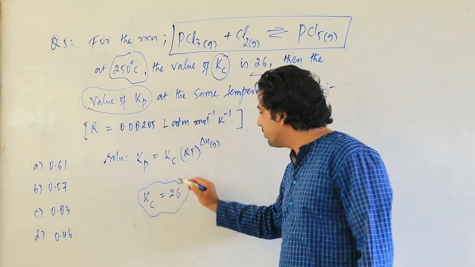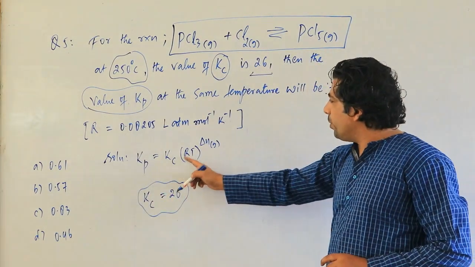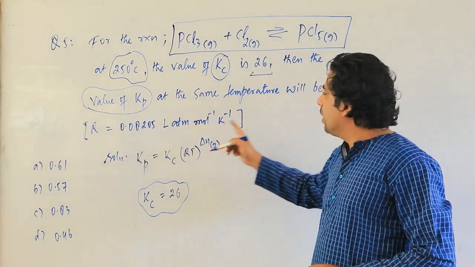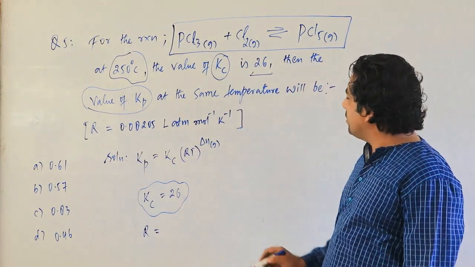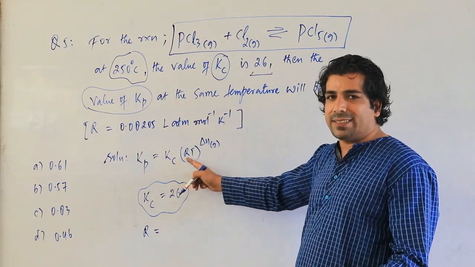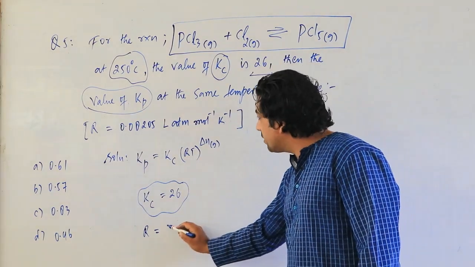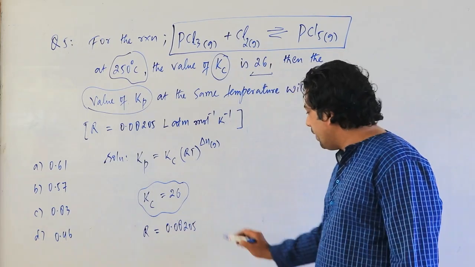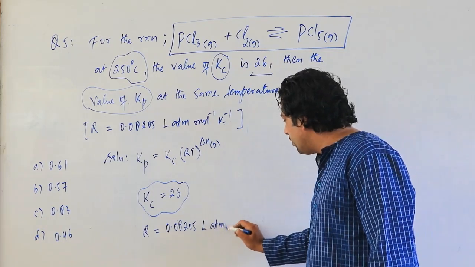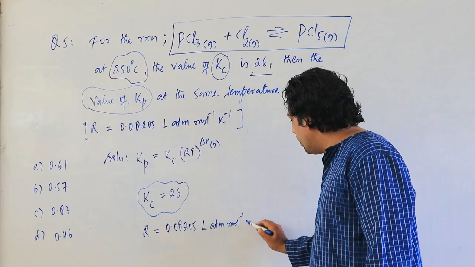This is given. And the R value is also given to me. R is nothing but the ideal gas constant, which is 0.08205 liter atmosphere per mole per Kelvin.